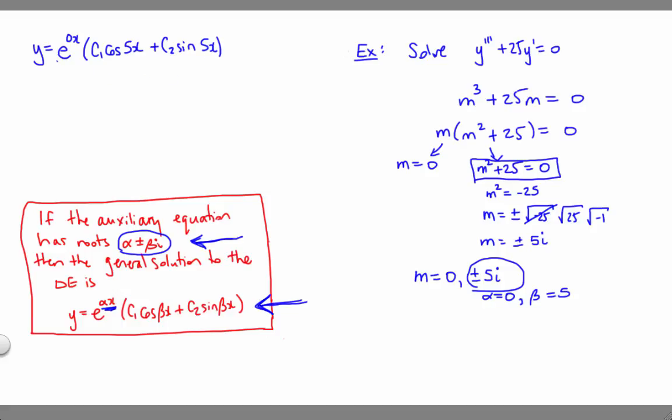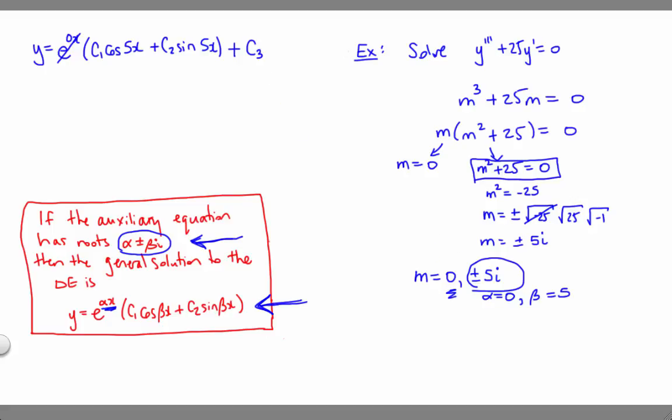And since e to the 0 is just 1, we don't really need that first factor on there. So far we've got c1 cos 5x plus c2 sine 5x. And that takes care of the complex solutions. But remember, we've still got the root 0. So we need another term added on here. That term is going to have constant c3.